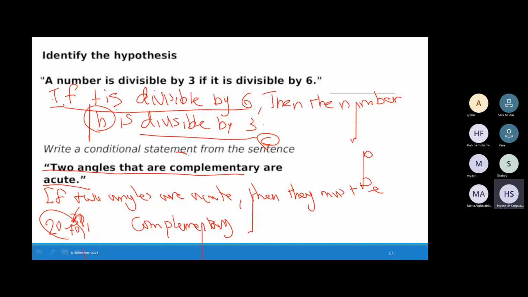So you can say the first one is the hypothesis. Okay, so where's the hypothesis? The first one. You understand? That's it. The second one is more complicated.